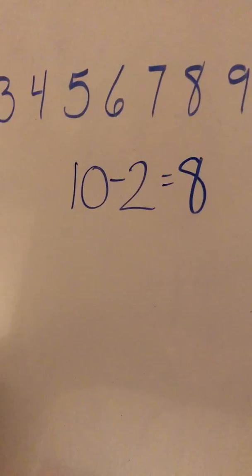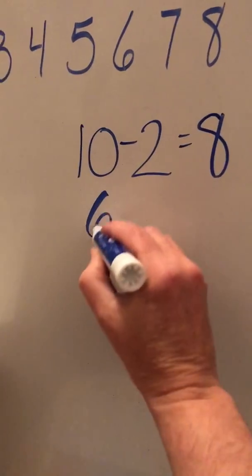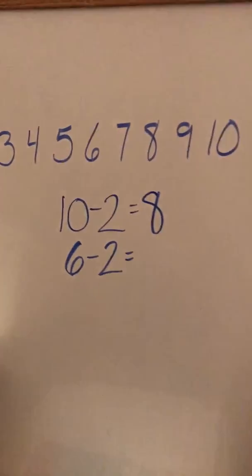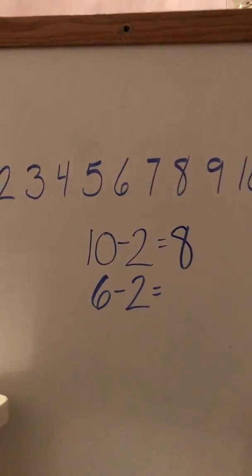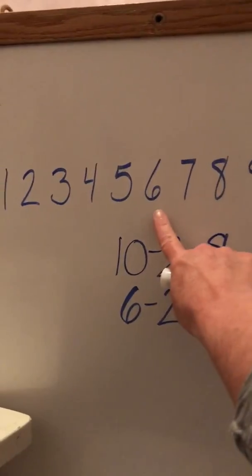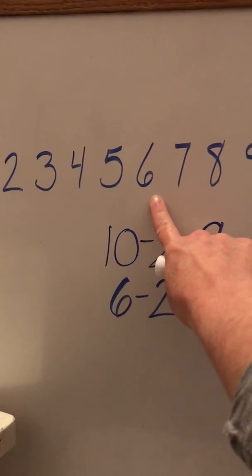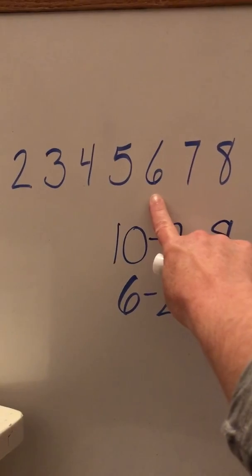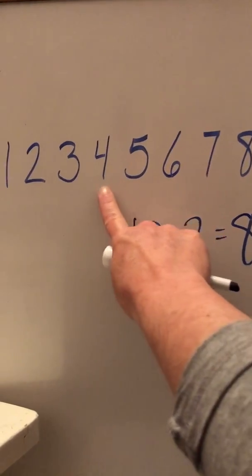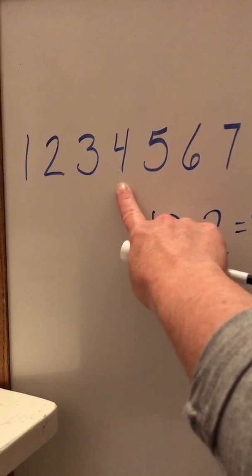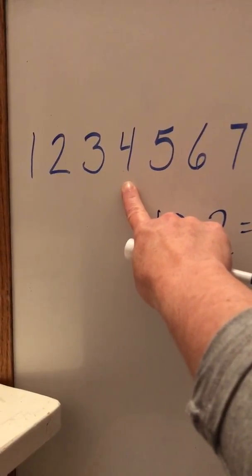Let's do another one. Let's do 6 minus 2. Okay, we're going to go back to our number line. Let's find the number 6. And remember, we're going to count back 2. You ready? Count with me. 5, 4. 6 minus 2 equals 4.